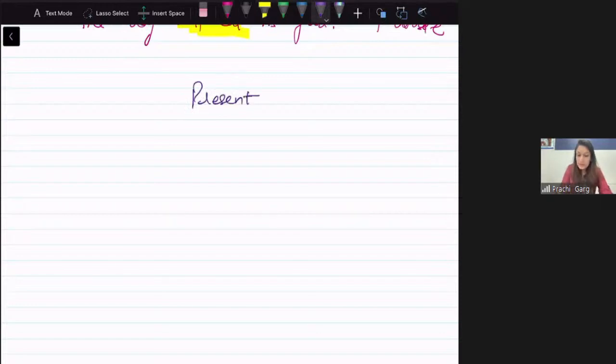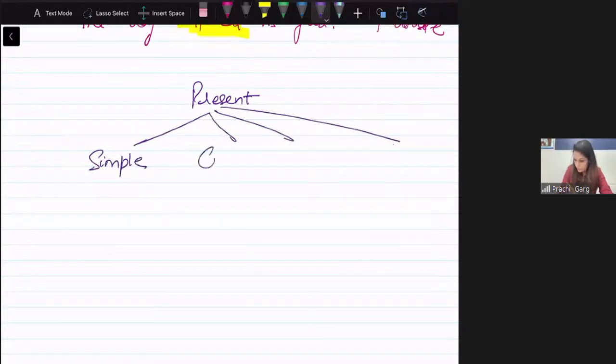Present tense is further divided into simple, continuous, perfect, and perfect continuous.